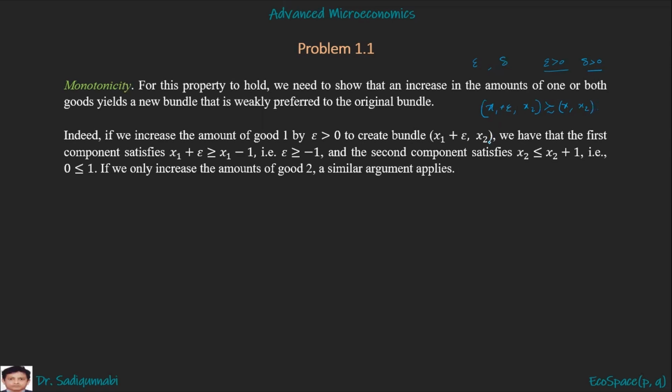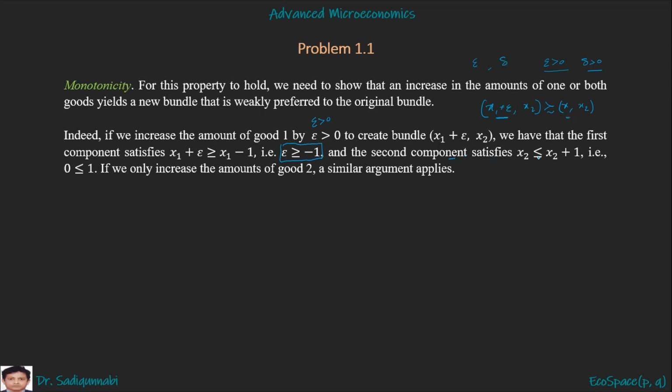So we can say that the first component, X1 plus epsilon, is greater than or equal to the first component of the second bundle, X1 minus 1. If we simplify that, epsilon is greater than minus 1, which is all right, no problem, because we know that epsilon is positive.